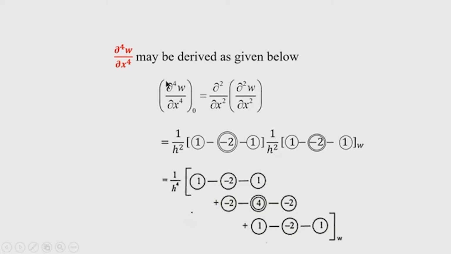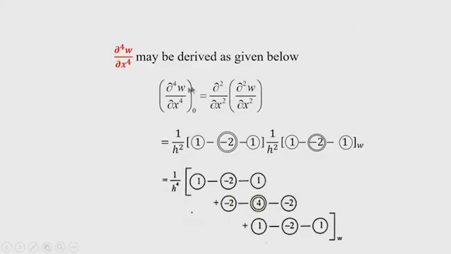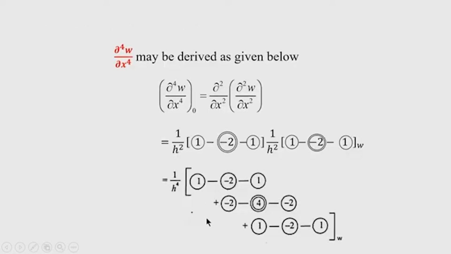So, del 4 w del x to the power 4 at node O. Node O is this, where we want to calculate the fourth derivative. Okay. Again, the second derivative is differentiated 2 times to get the fourth derivative. This we have already calculated, so we have written here in the molecular form that I have told you. The molecular form of this will be like that, 1 by h square, then 1, minus 2, where minus 2 is the central point, and towards the right it is also 1.